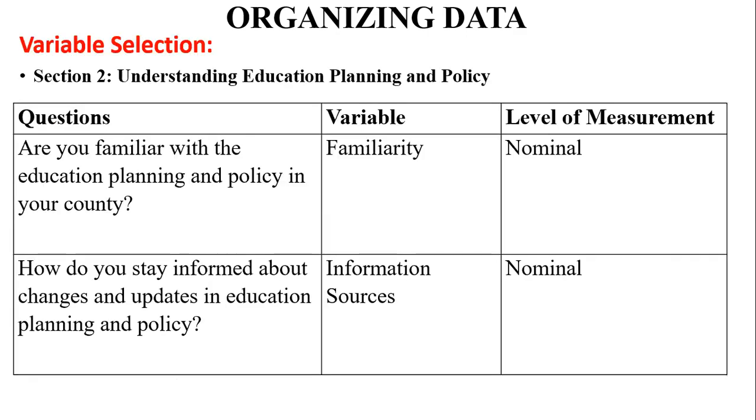Now, when you are identifying the variables in this case, from the first question, are you familiar with education planning and policy? The variable we are looking for is familiarity, and the level of measurement will be nominal. And the second question, how they stay informed about the information sources? The variable here is the information sources, and this variable is going to be measured at the nominal level.